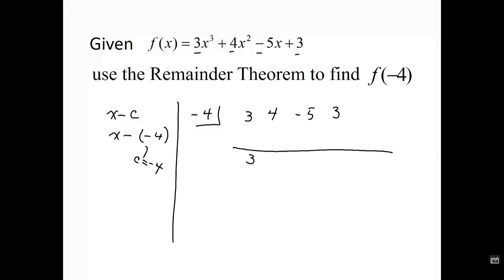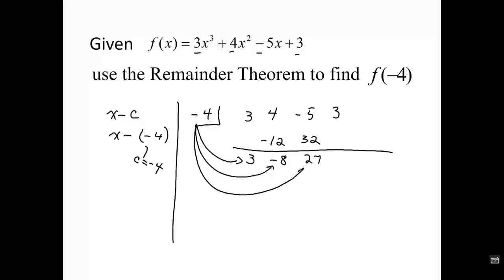So that's a negative 4 times 3 is a negative 12. A negative 12 plus 4 is a negative 8. A negative 4 times a negative 8 is a positive 32. And now we add a positive 32 plus a negative 5 is a positive 27.